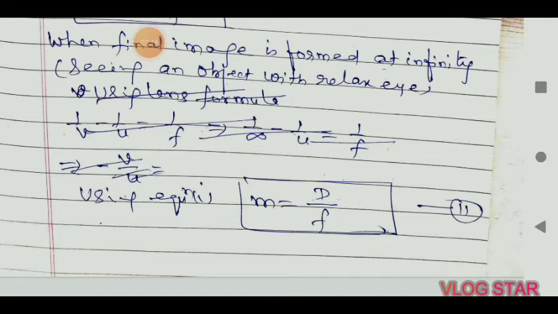So when the object is near the focal length and we want to form its image at infinity, then the magnification will be equal to D by f. When you put the value of f, that is 5 centimeters, the magnification will be 5 times. In the next video we will see the compound microscope.